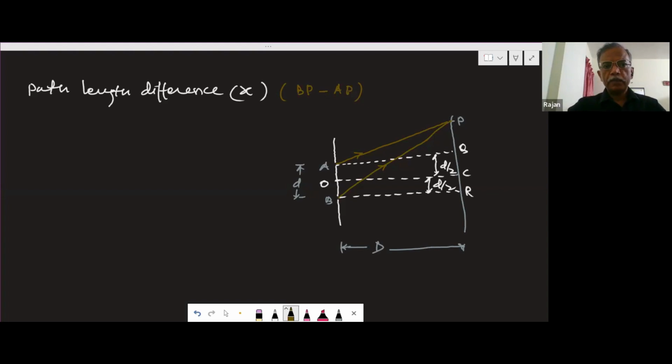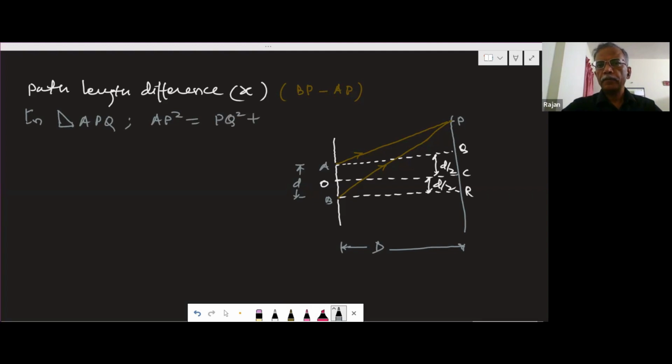Suppose I am taking the right angle triangle APQ. What will be your AP square? Hypotenuse square is perpendicular PQ square plus base AQ square, isn't it? Can we write like that? Now, what is PQ here? You can make it out easily.